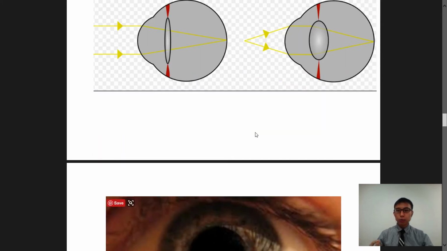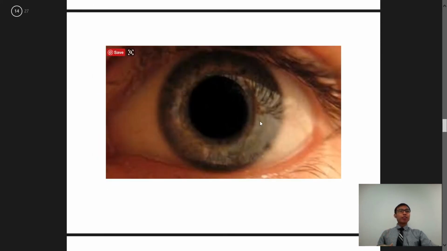Now, let's move on. Here we have a picture of an eye, and you see the pupil is quite large. So this is the environment when there's not too much light. You can see that the pupil is dilated, and the iris is enlarged.